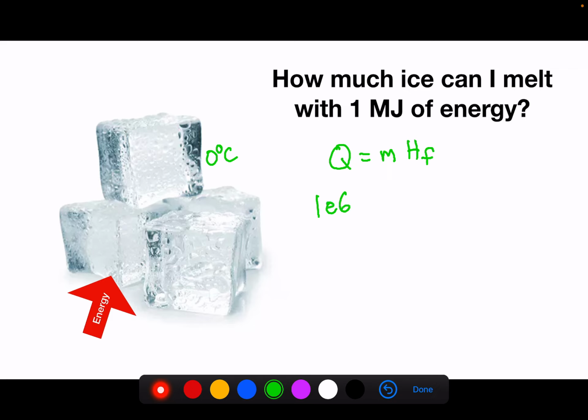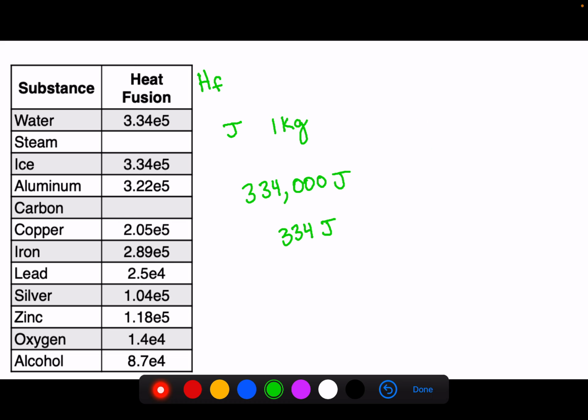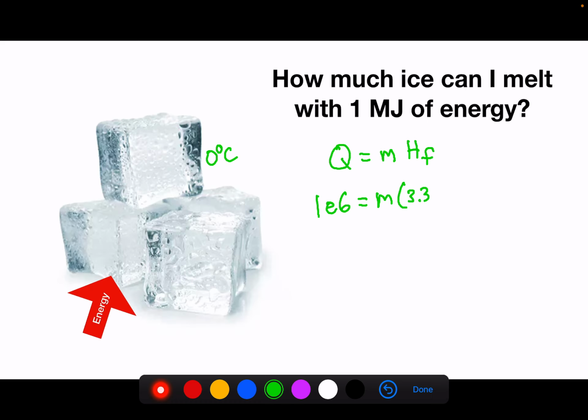We make sure we put our energy in joules, so a megajoule would be 1,000,000 joules. We're trying to figure out how much ice we can melt. And then we go back and we look at our heat of fusion for water or for ice. Obviously, they're the same thing. And then we would solve for mass, and that mass would be in kilograms.